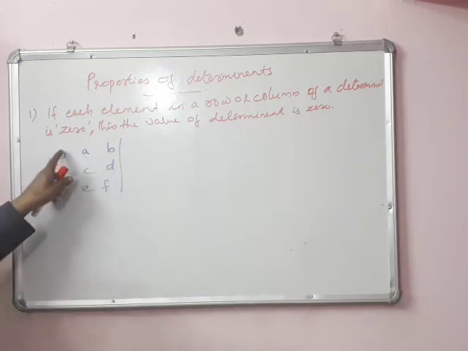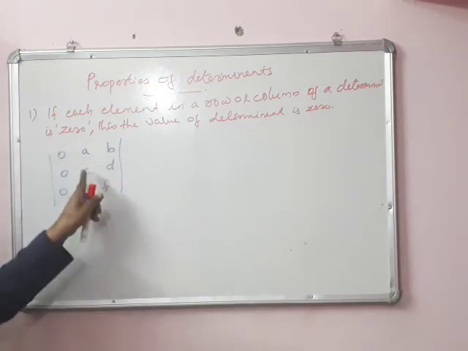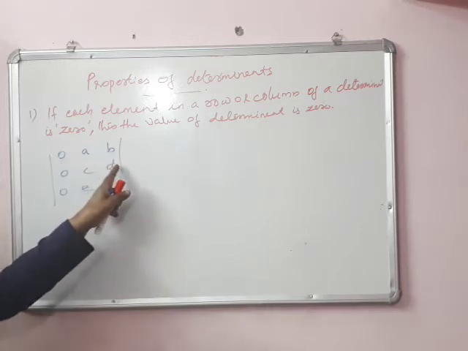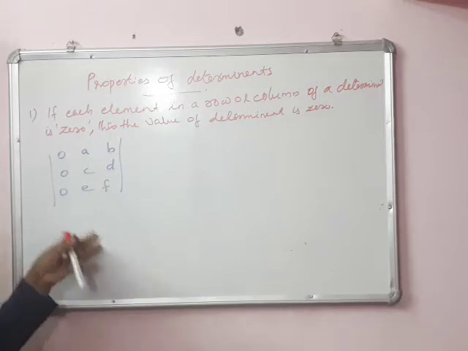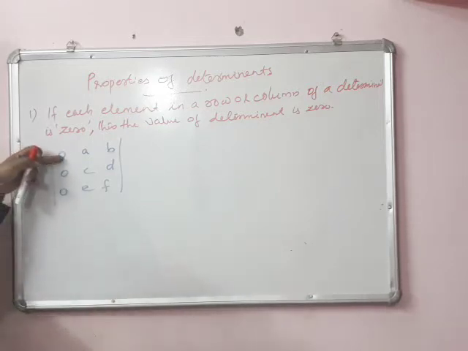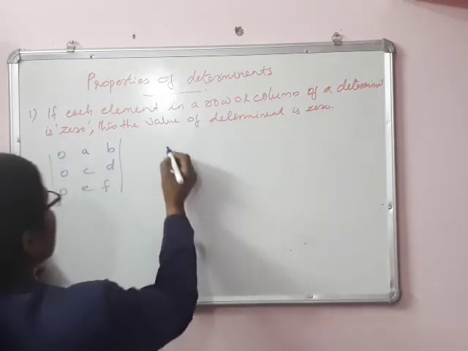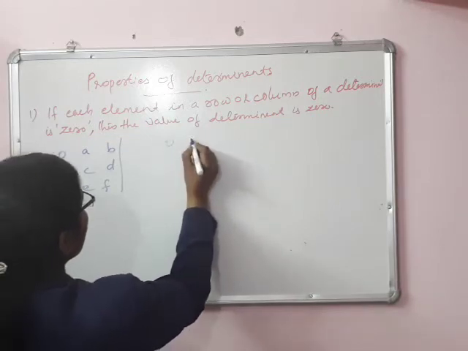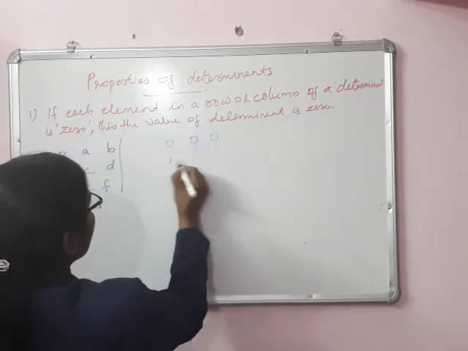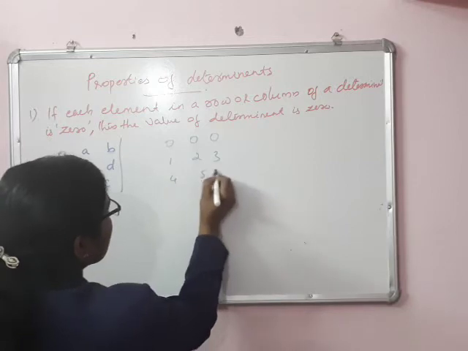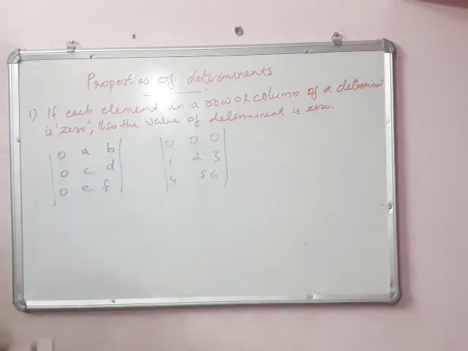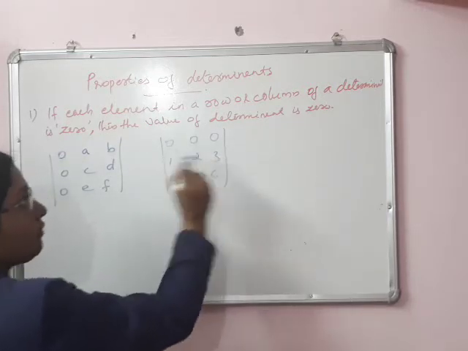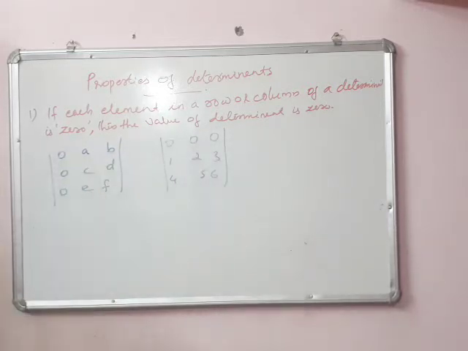Usually we will multiply: 0 into C into F minus E into D plus A into, okay, then the result becomes 0. Otherwise, in the case of a row, 0, 0, 0, 1, 2, 3, 4, 5, 6. Suppose you take one determinant with one full row as 0, then the answer is also 0.